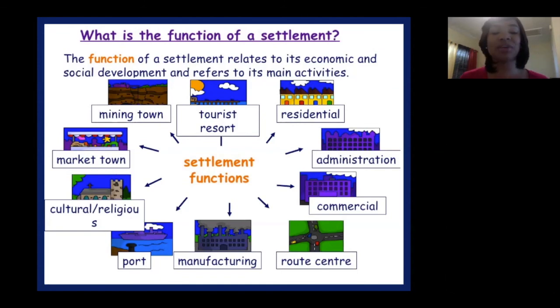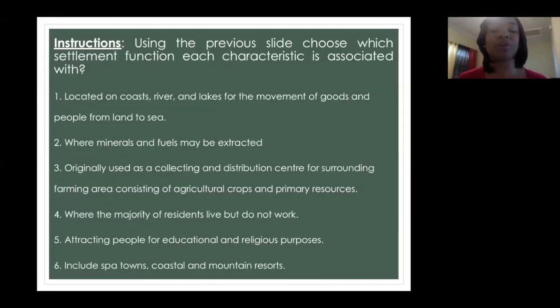So we're going to do a little activity. We're going to go through them one by one. Using the previous slide, you are going to tell me which settlement function you think the characteristic is describing. We're going to do them one at a time.